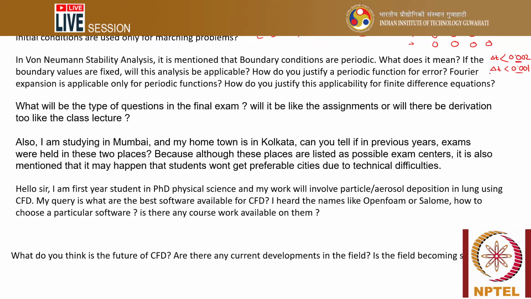So this criterion will work for your domain. That means it is applicable also in a non-periodic domain. But if you use periodic, maybe delta t is much larger. That is the difference. So it is applicable.